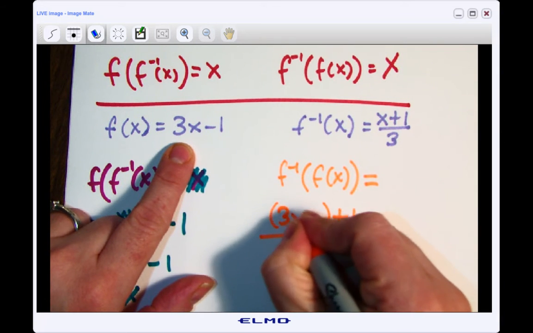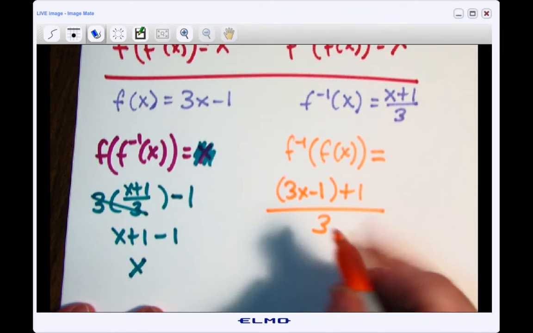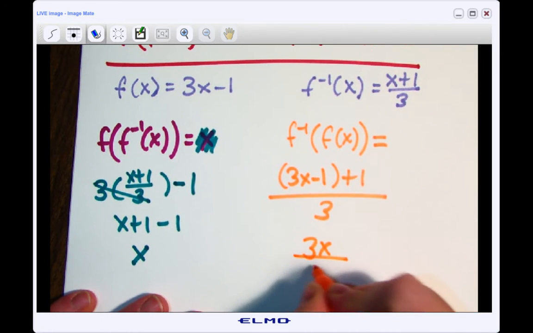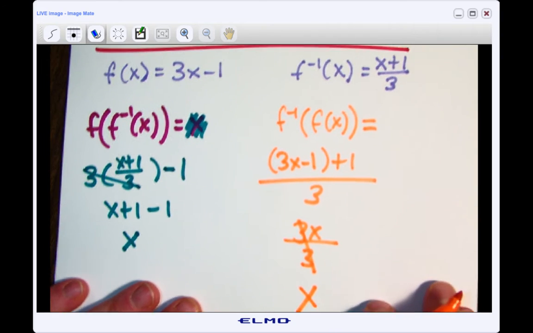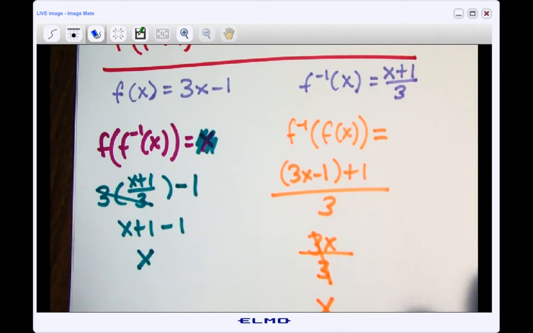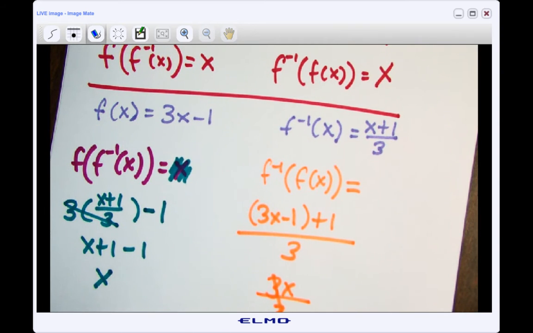So that one is 3x minus 1. Okay, so 3x minus 1 plus 1 is obviously 3x over 3. Our 3's are going to cancel, and we get x. So this is how you show, if anybody ever asks you to prove that these are inverse functions, this is what you do. You take each one and you put them inside the other and see if it comes out to be an x. And if they do, then they're inverse functions.